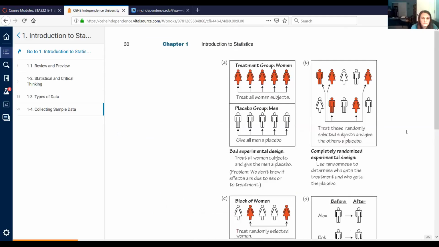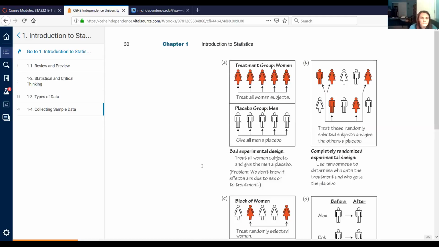Okay. So there are several things here that talk about bad experimental design. Looking at medicine, you would not treat all women subjects and give men a placebo, because in actuality, women and men respond differently to different drugs. And if you were looking at a drug to treat, say, menopause in women, you wouldn't give men a placebo. They wouldn't be a good group to study, although men have menopause too, not the same thing.